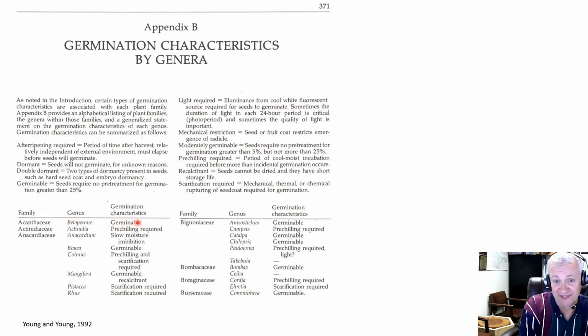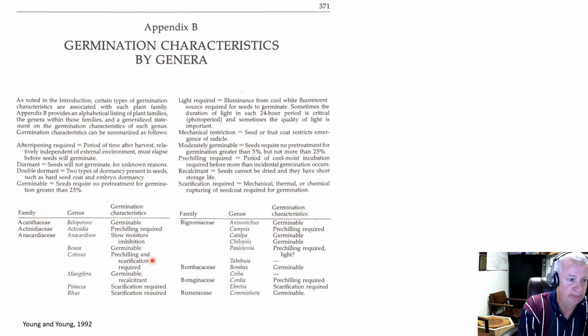Okay, so there's a genus that doesn't have seed dormancy. When the seed are mature, you can plant them and they will germinate. But for instance, here's a genus Anacardium that requires slow moisture imbibition. So that requires moisture uptake.